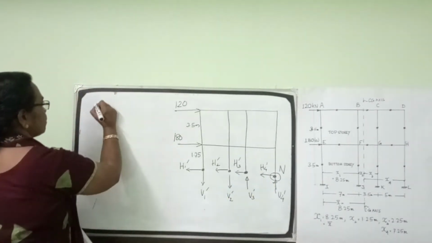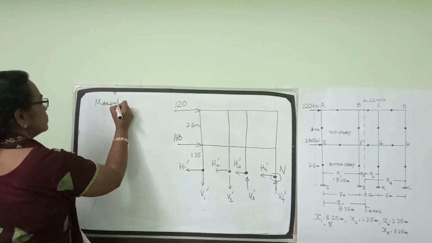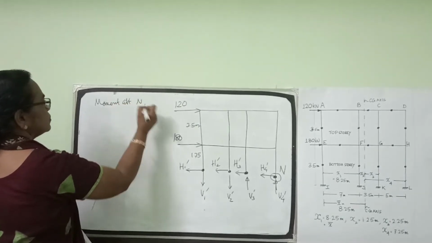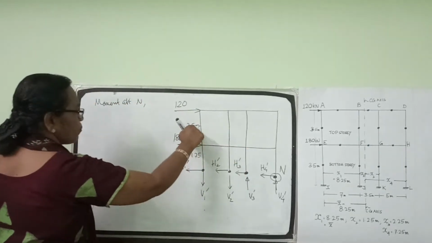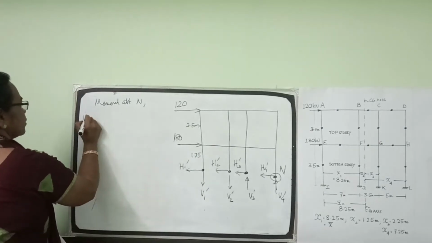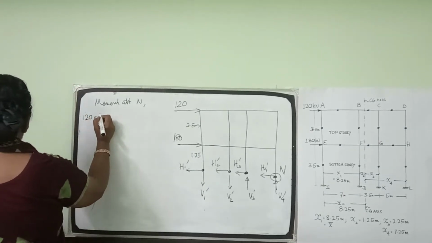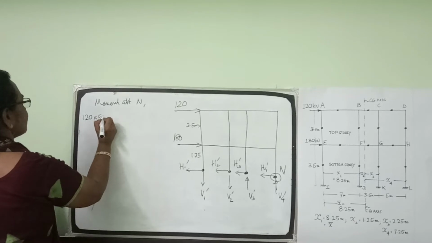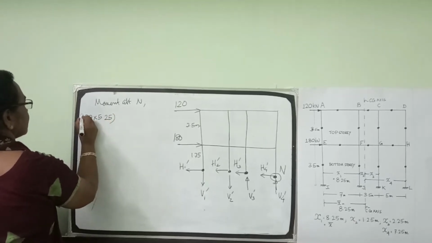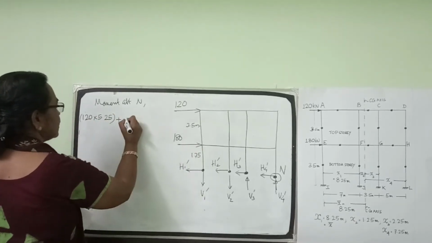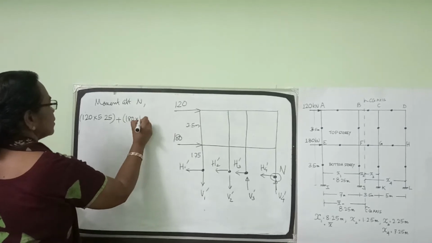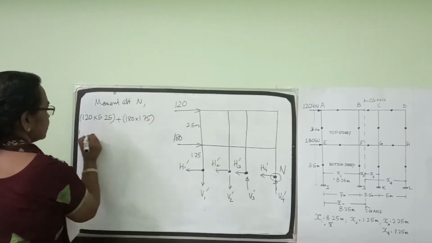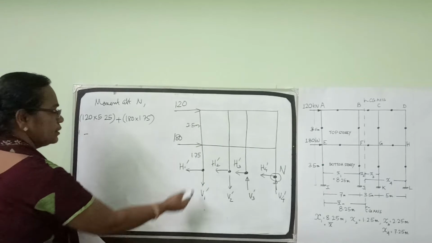So taking moment about N, this 120 into 3.5 plus 1.75, 120 into 5.25, plus 180 into 1.75. These two produce clockwise moment.